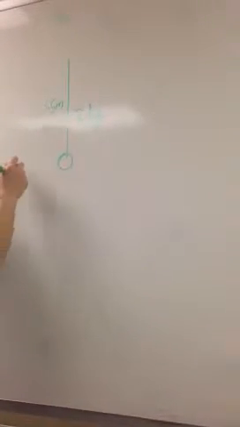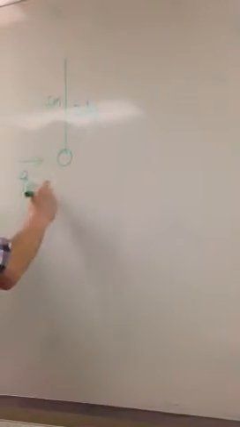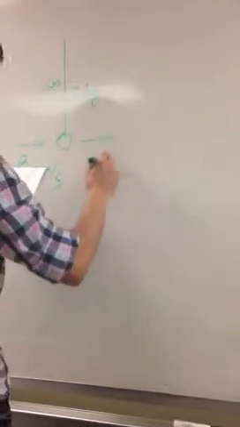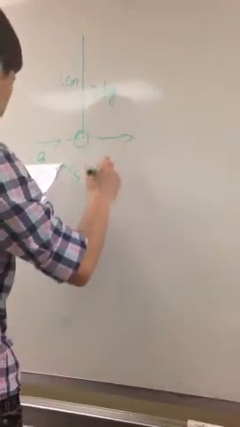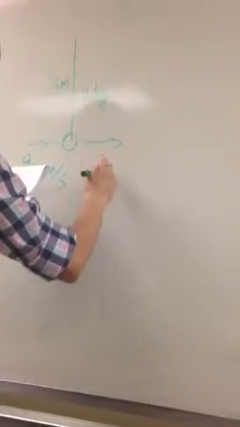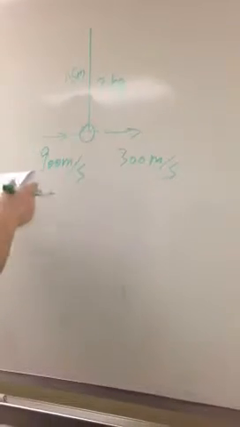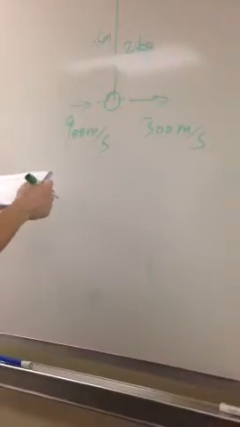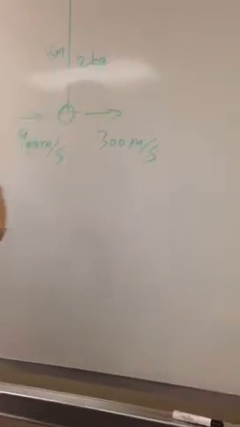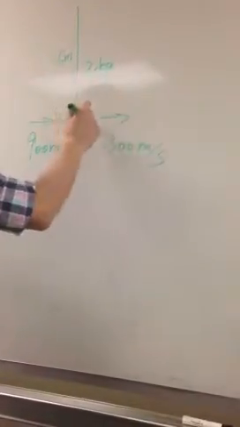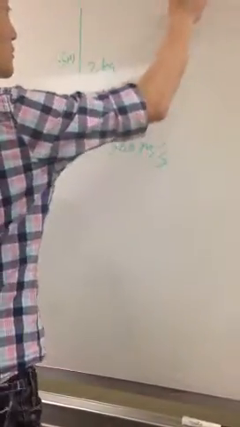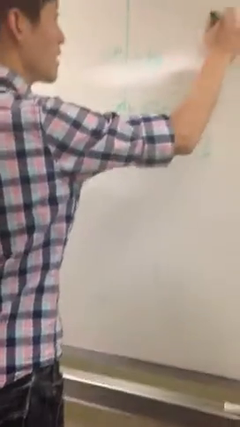A 10-gram bullet moving with a horizontal velocity 900 meters per second strikes, passing through, and then the final speed is 300 meters per second. And then after this bullet passes through, this thing will go up.